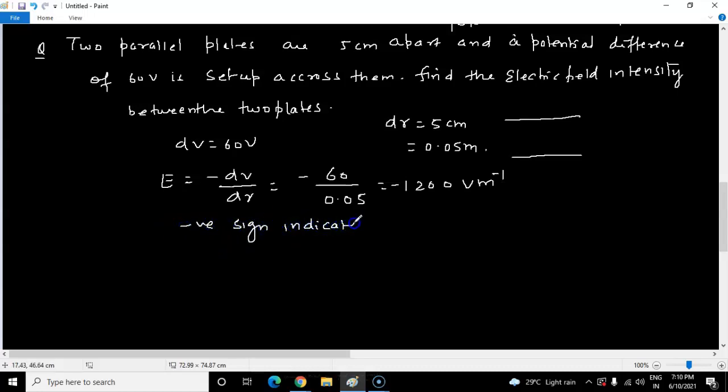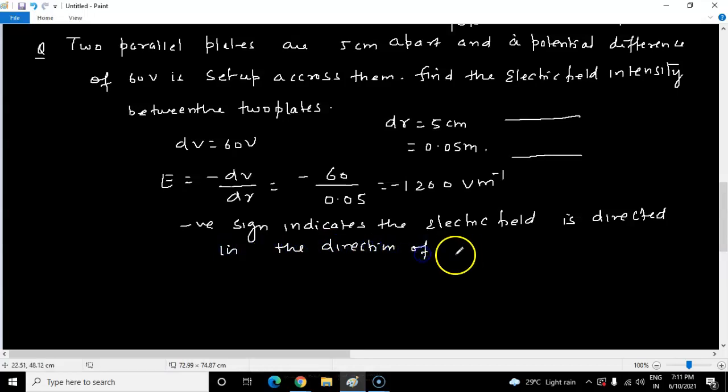The electric field is directed in the direction of decrease of electric potential.